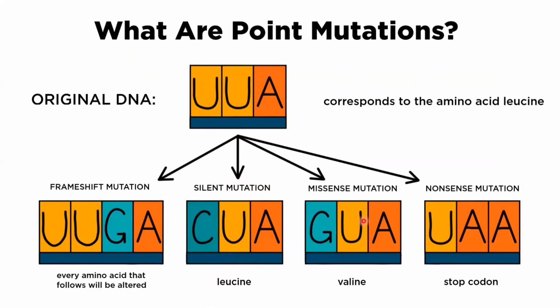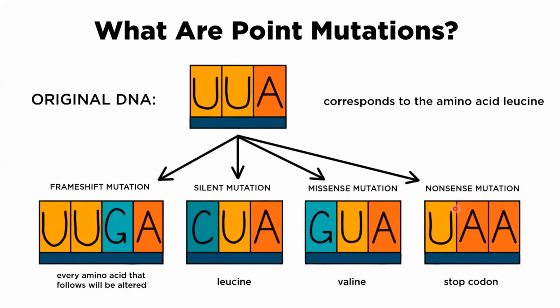We have a missense mutation in which we got a G replacing the first U, and we got a totally different amino acid. And we have a nonsense mutation. What happened was we got an A that replaced the center U, and instead we got a stop codon. So now the protein chain will stop earlier, because the stop codon dictates the ribosome to detach, like I told you.